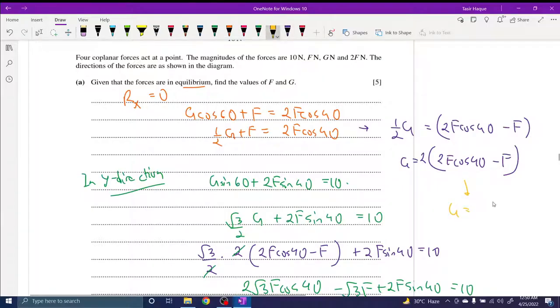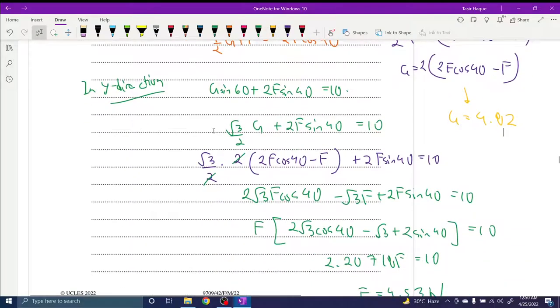G is equal to 2 into 2, so 2 into the answer into cos 40, minus the answer into 2. I'm getting a value of 4.82. So these are our answers, 4.82 and 4.53.